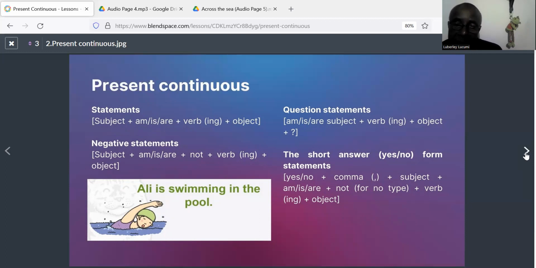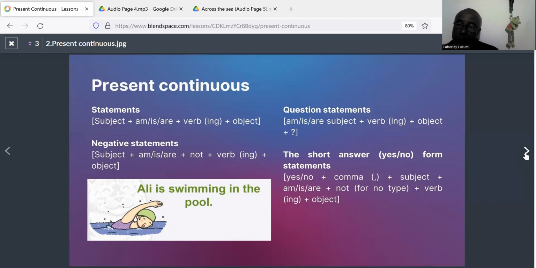Okay, question statement. In that case, verb to be plus subject plus verb ing plus complement plus question mark. The same example, in that case it would be: Is Ali swimming in the pool?